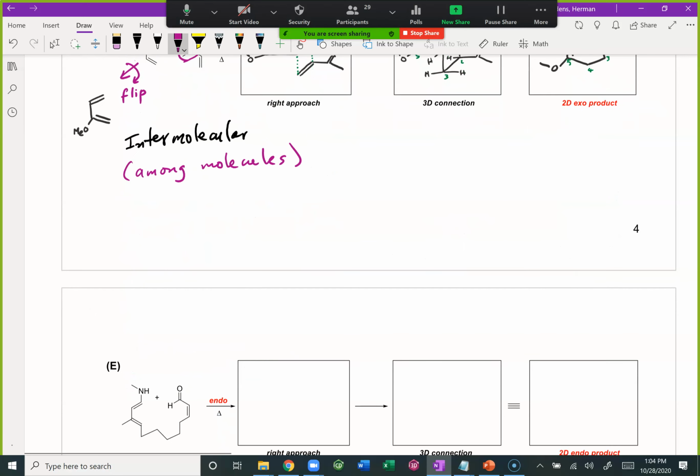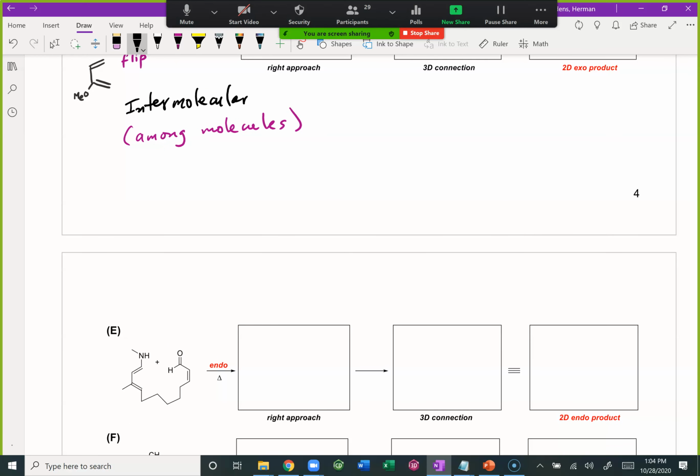What I'm going to teach you now is intramolecular Diels-Alder, and intra means within itself.